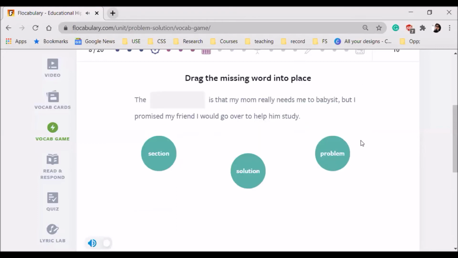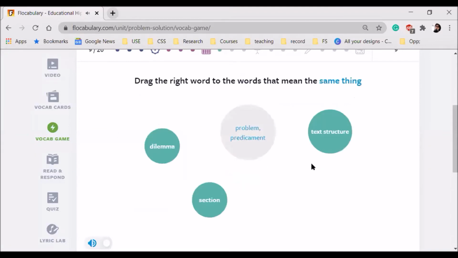Very good. Okay. The dilemma is that my mom really needs me to babysit, but I promised my friend I would go over to help him study. Problem. That's the problem. Now they have to come up with a solution. Write the word.